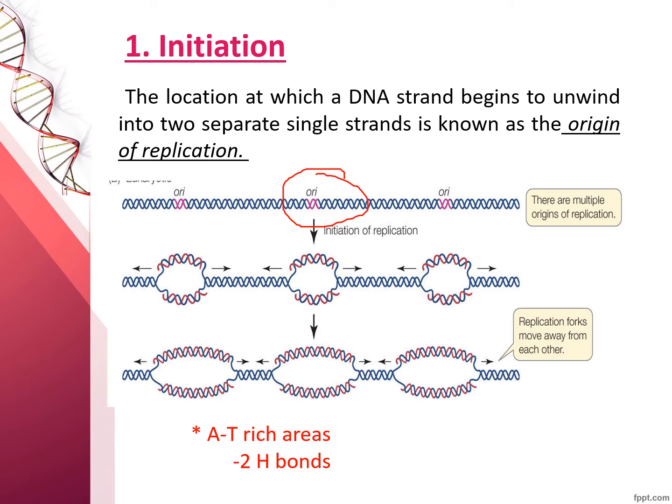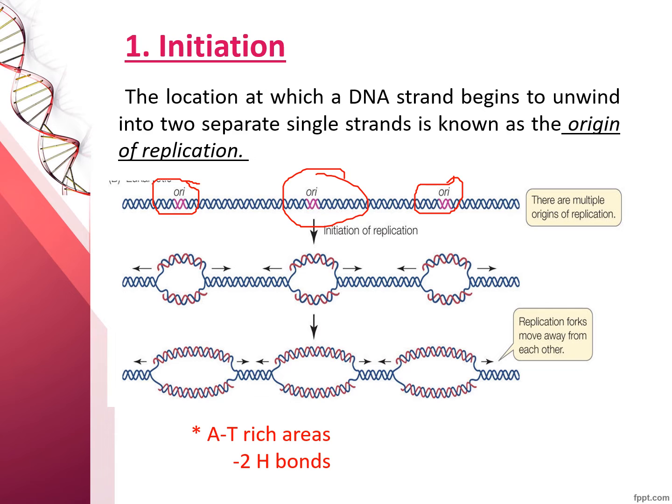This area is better suited to be separated because there are only 2 hydrogen bonds, and it's going to require less energy to break those hydrogen bonds compared to guanine and cytosine. So always remember that in eukaryotic cells, there are multiple origins of replication. So we have another origin of replication here and another origin of replication here.